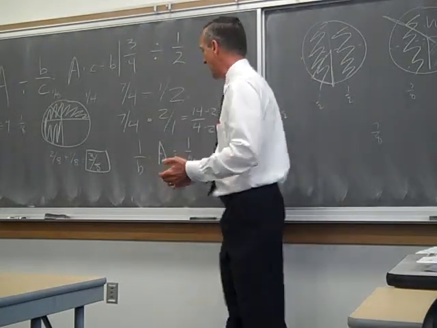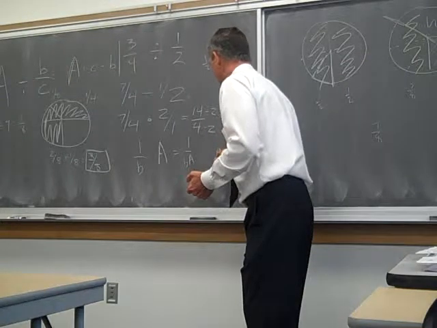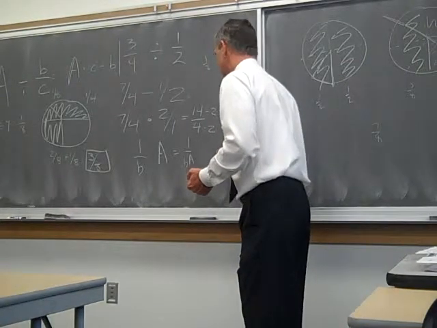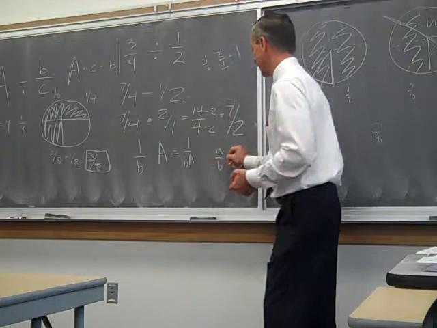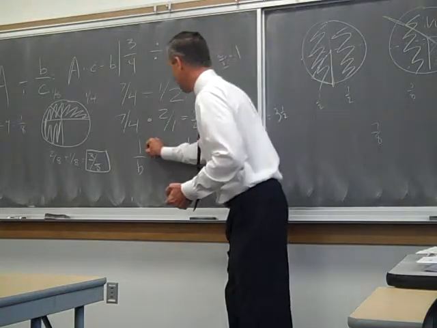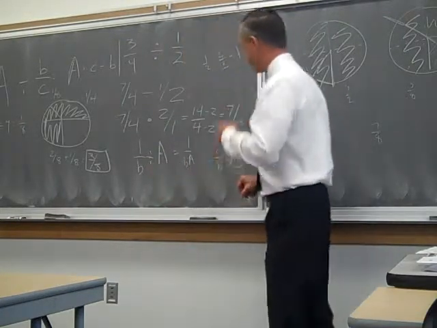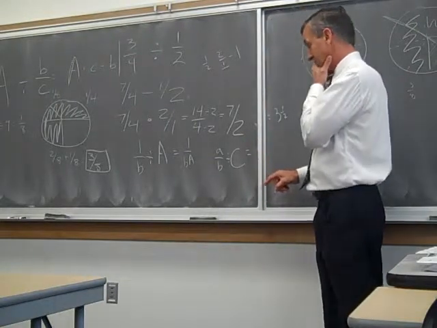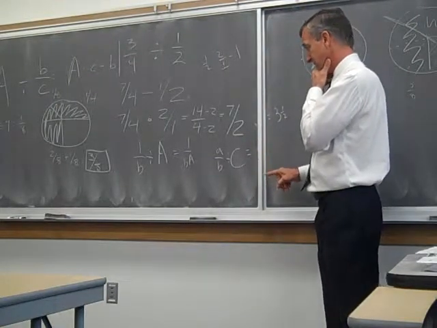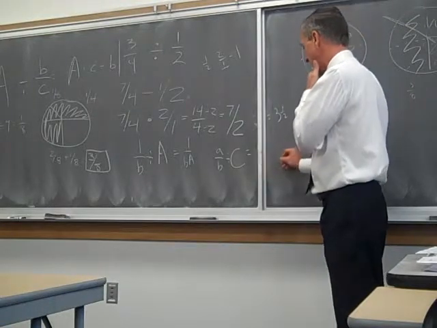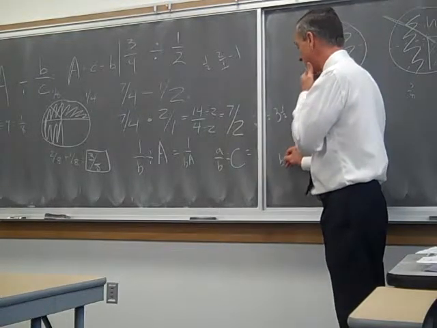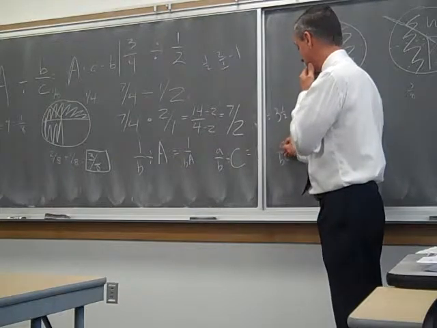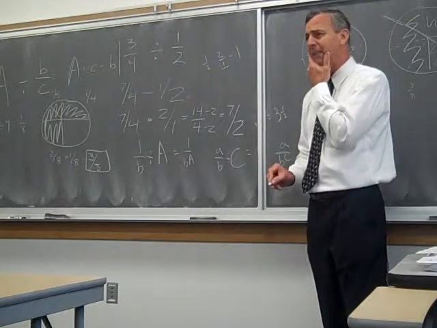Now what do you do when you have A over B divided by some capital C, excuse me, these are divided by, aren't they? What do you get? It's still B times C, but then you multiply that by A, right?